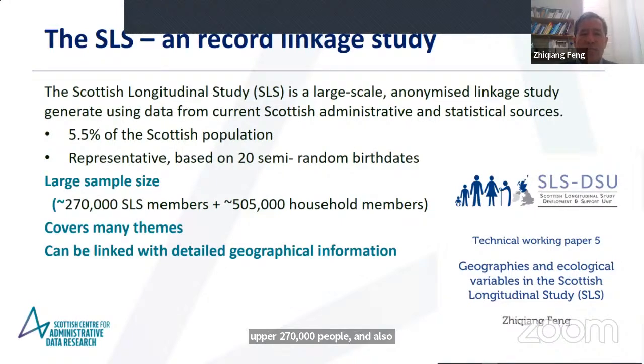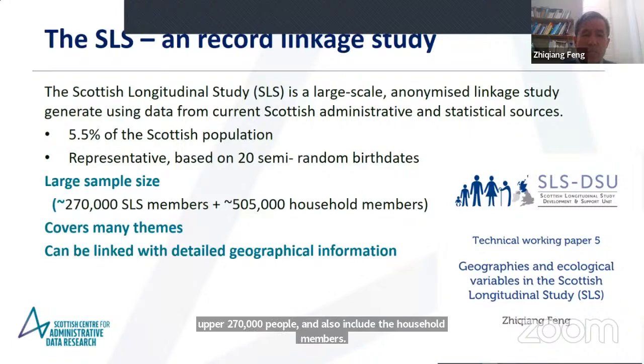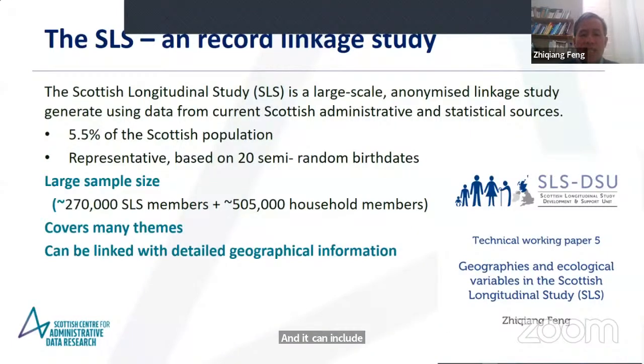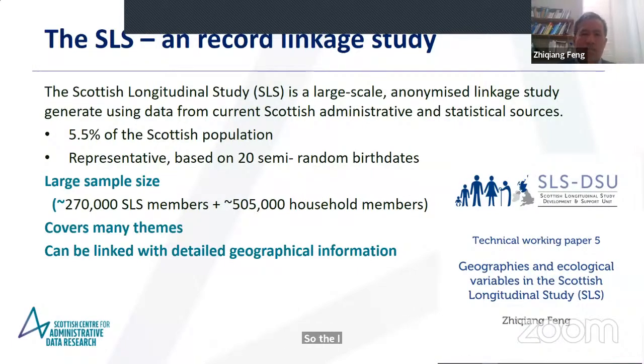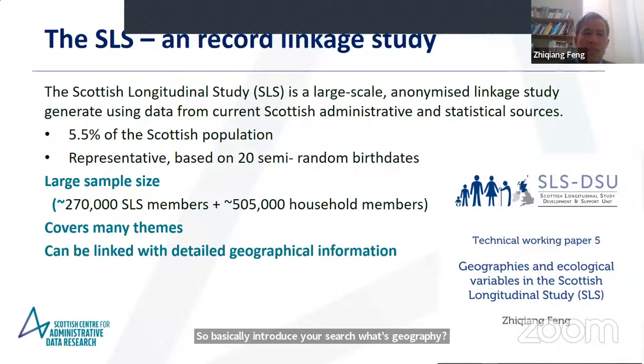And it includes many topics. One of the key advantages of the data is that it can be linked to detailed geographical information. So I wrote a working paper for the study, basically introducing users to what geography is available in the data set.